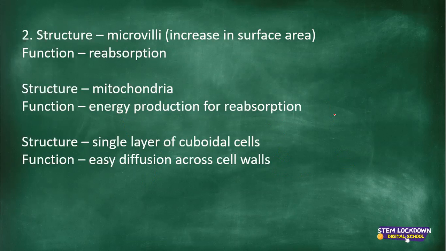Then the other structure that these cells have is the single layer of cuboidal cells. Why does it help? The single layer means it is thin. So by it being thin, diffusion occurs more easily. Like I made an example when we did the gaseous exchange organs: if you were to cook a potato whilst it's still round and whole, it would take a long time to get fully cooked.